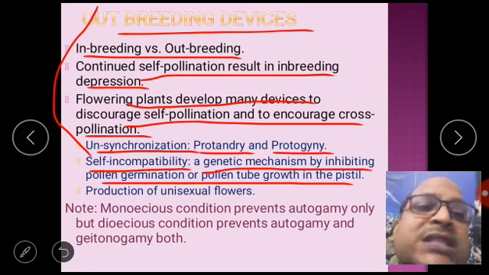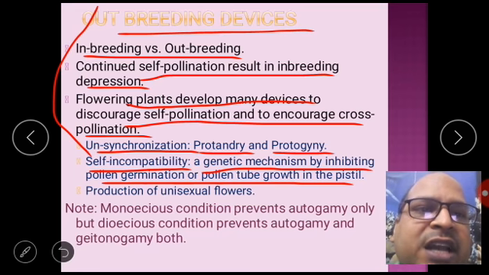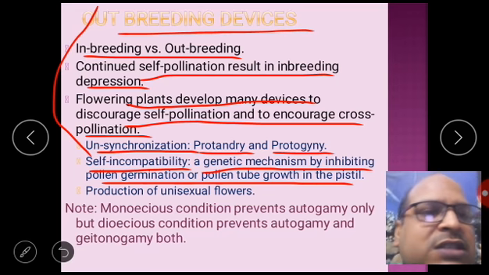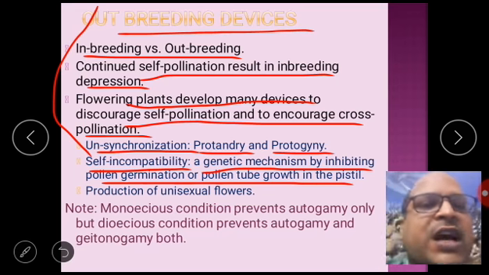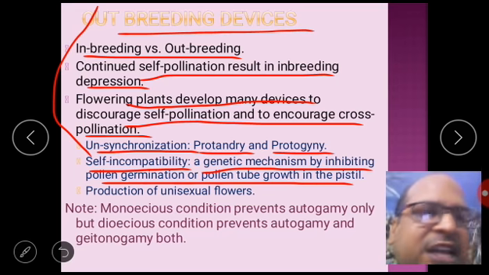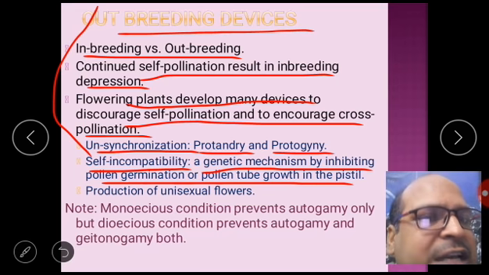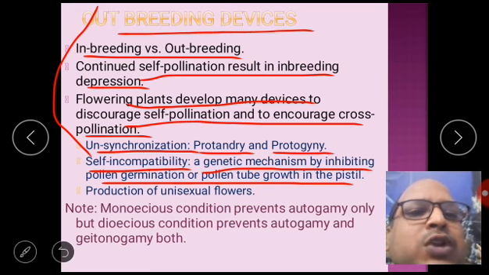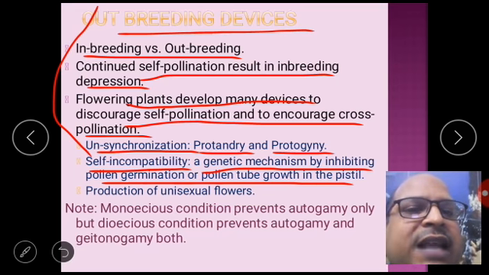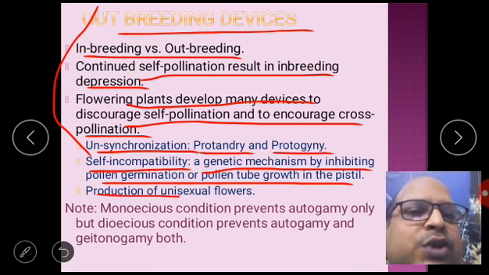One, it is a genetic mechanism, and second, it inhibits pollen germination on the stigma or pollen tube growth in the pistil. These two things you must know.